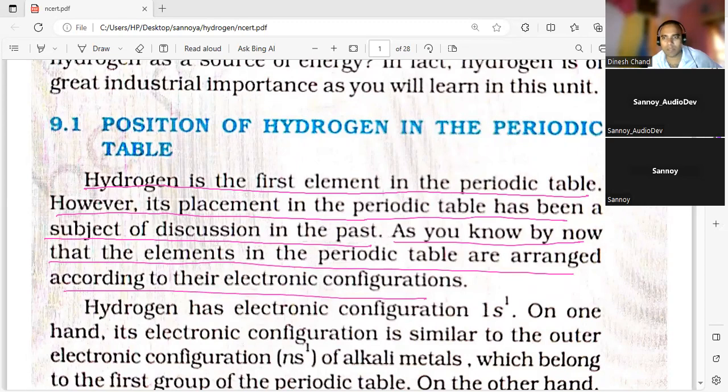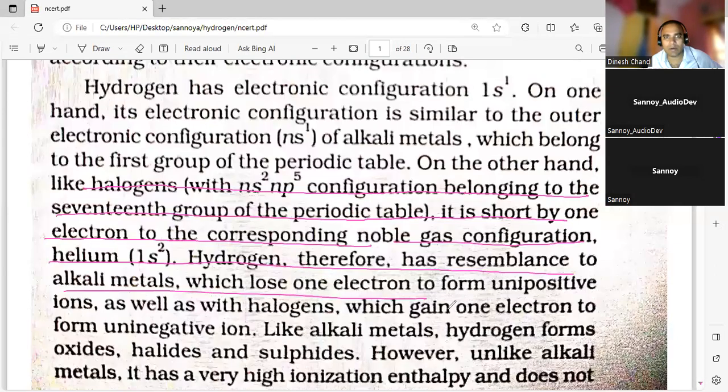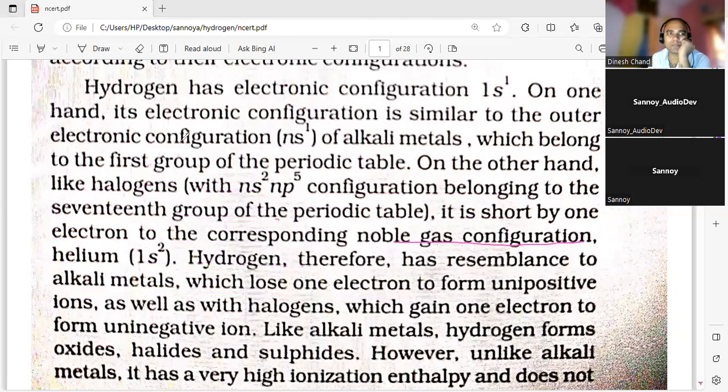If you go according to electronic configuration, up to that portion is okay. But when you study other aspects of the properties, you will find there are some differences also. Let us see where the differences are.